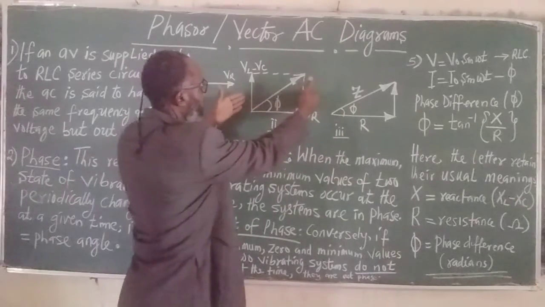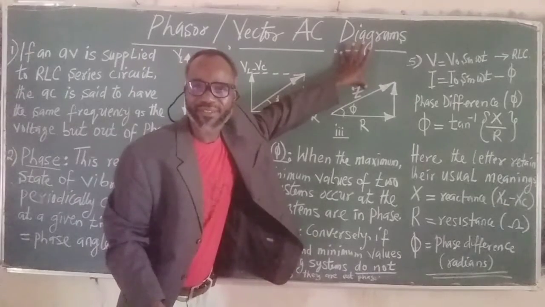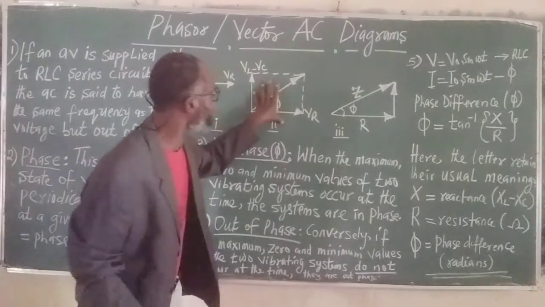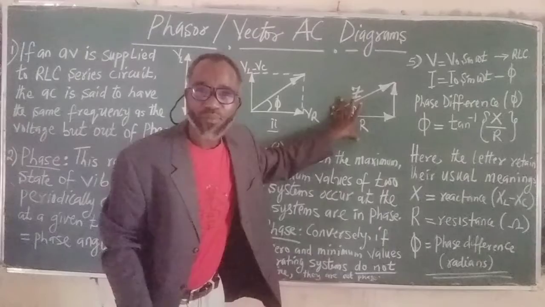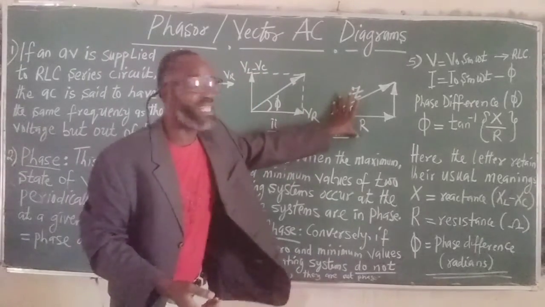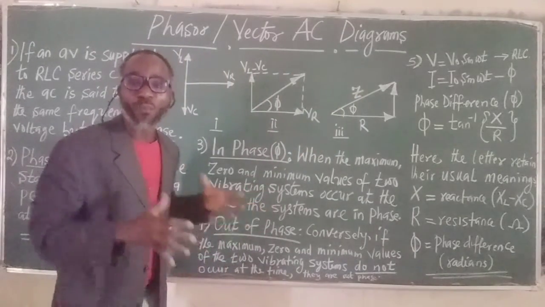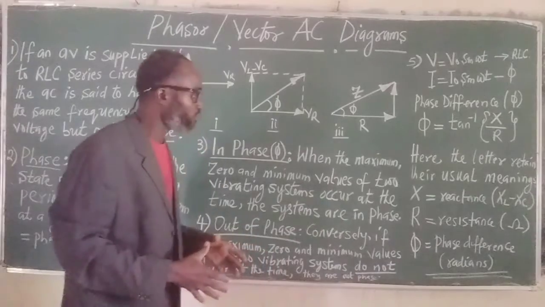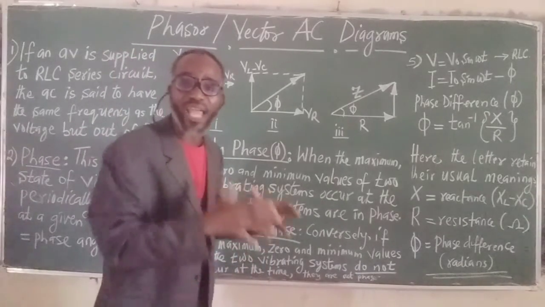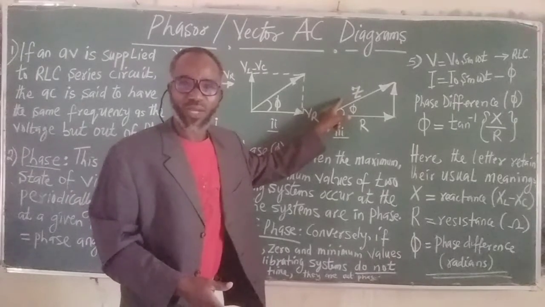So with this, we have what we call vector AC diagrams. This is a vector AC diagram. This is another one. So resolving this, we use something like this. If we find the total opposition offered in an RLC circuit, we have the impedance. Okay?